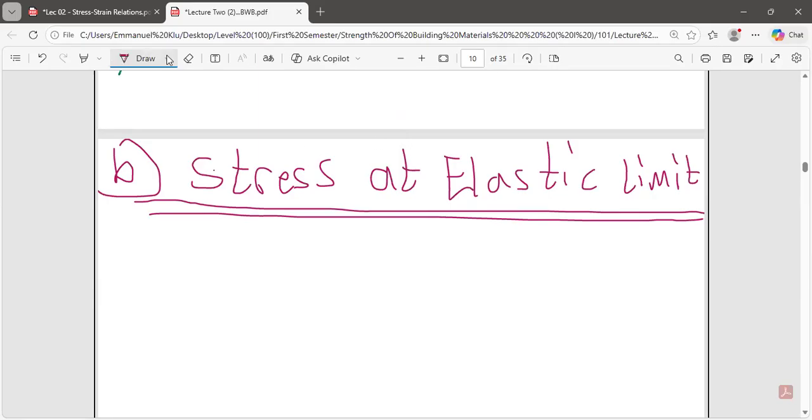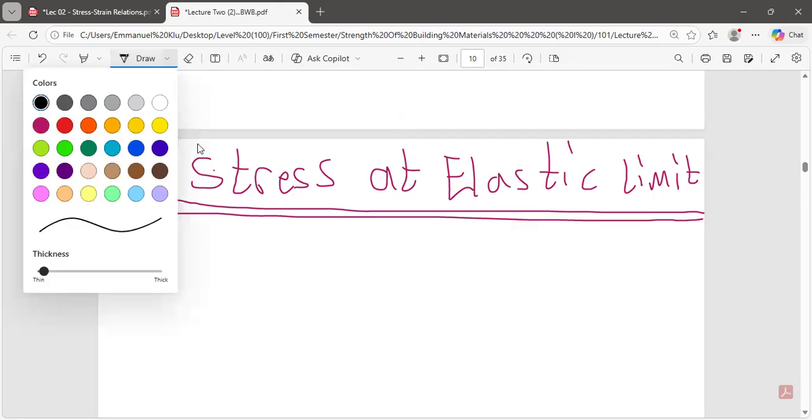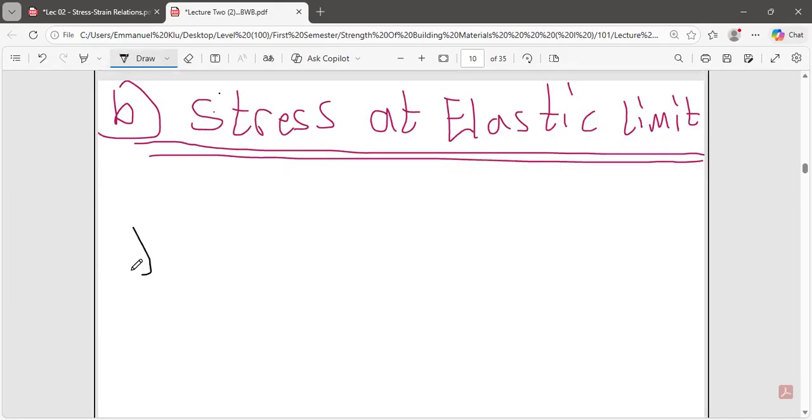From here, what are we going to do next? Because it's our stress at elastic limit.